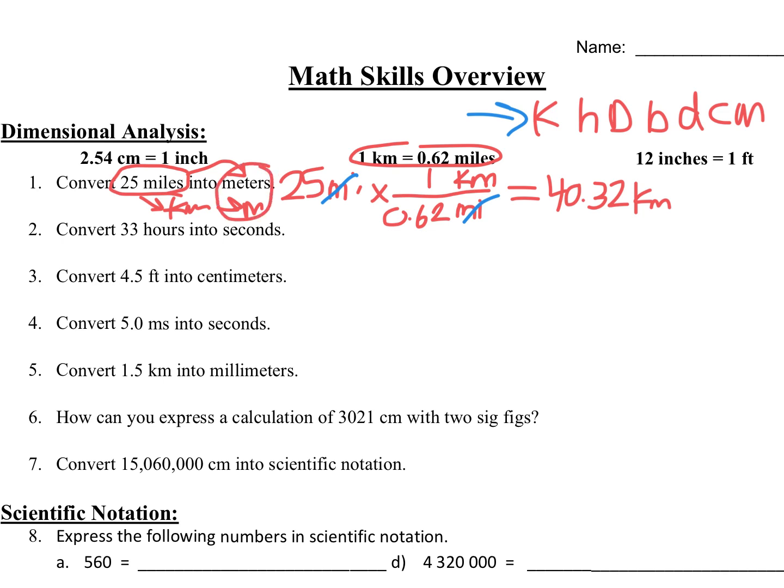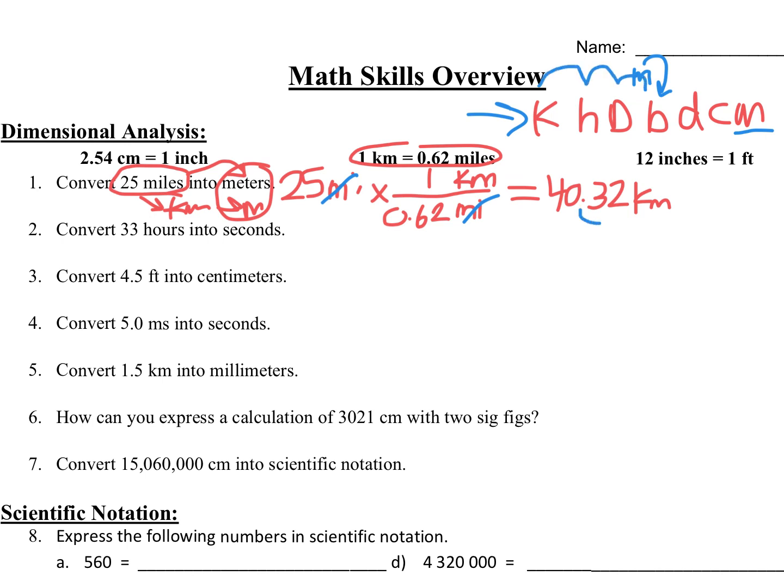Now, remember, I want to get to meters. So if I'm going to go from kilometers to meters, and again, remember, easy mistake, this M in the metric system is not meters, it's milli. Your meters is actually at the base, right? Meters, liters, seconds, grams, those are all base units. So to go from kilo to meters, or base, you're going to have to go 1, 2, 3 to the right.